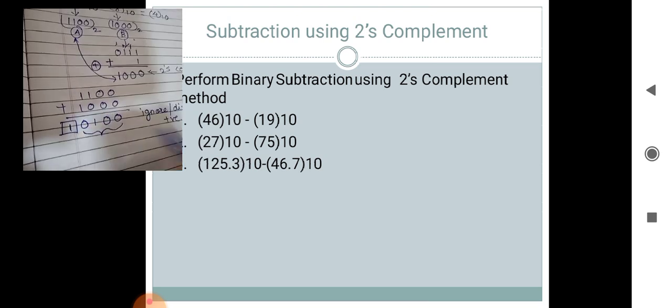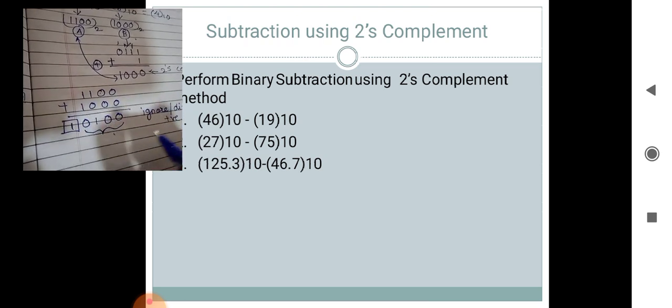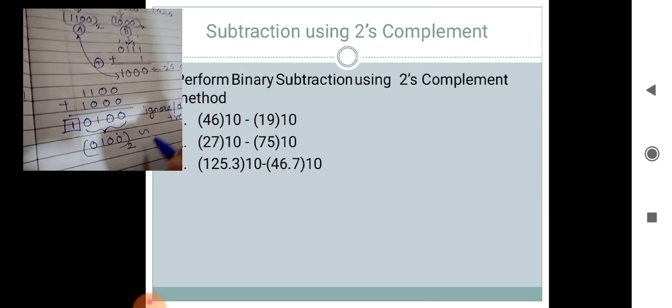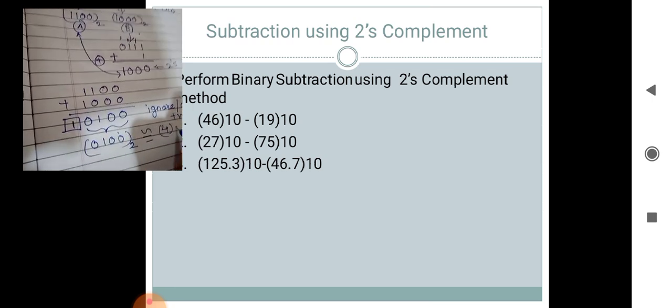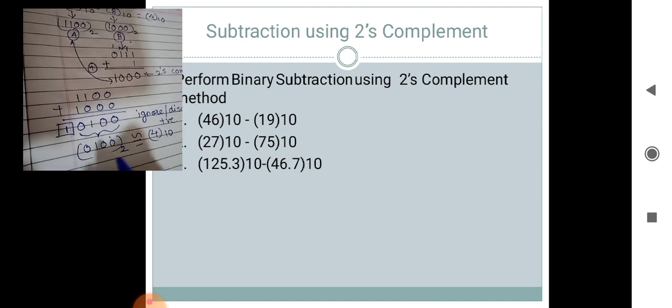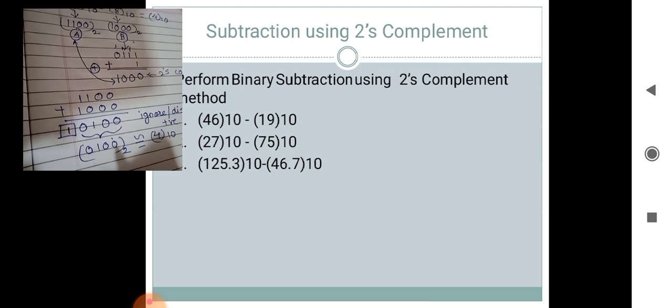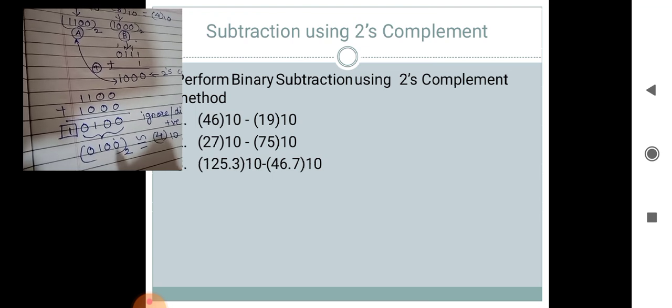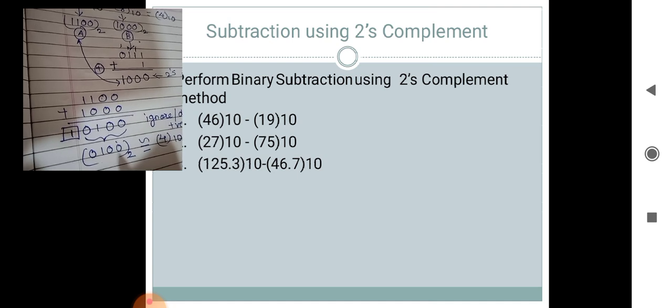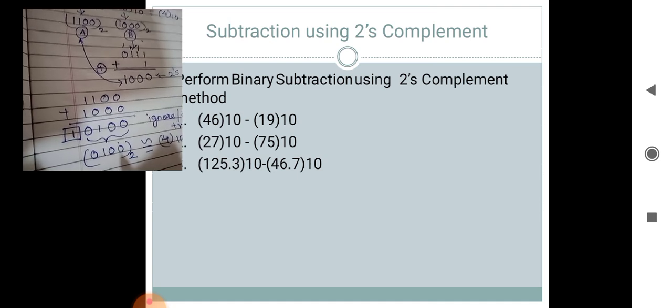So we consider the answer as 0100 binary, which is equivalent to decimal 4, meaning our result is correct. You can tally your answer by referring to the 4-bit binary table we made in our notebook, explained in the previous lecture.